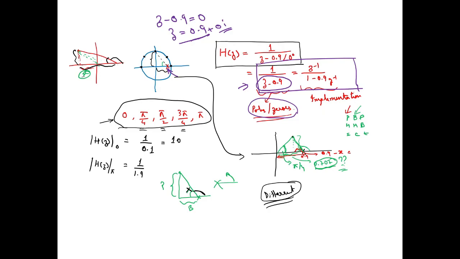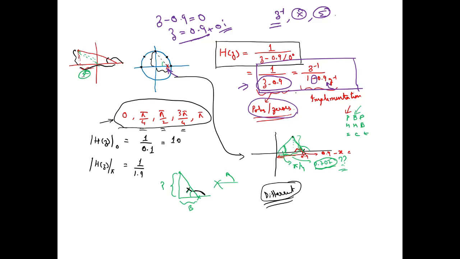However, if I have to implement the filter, what are the operators? There were three operators we discussed. The first operator was the delay operator, which is basically z inverse. Next was the multiplier, and the third operator was the adder. So if you see here, there is a multiplier, and this is basically an adder.